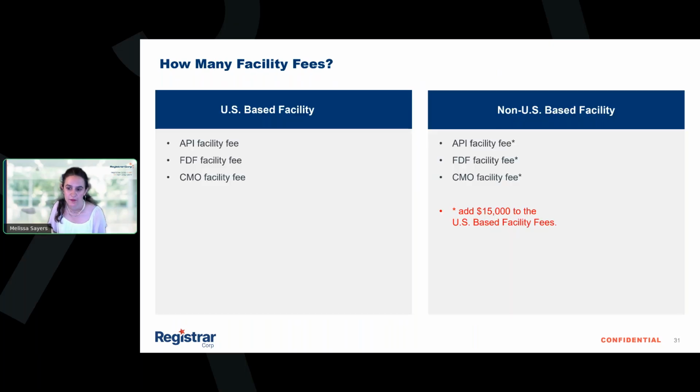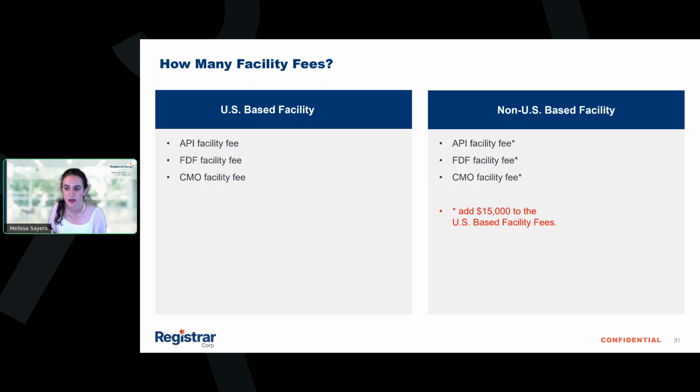Let's review how facility fees differ for US-based and non-US-based manufacturers under GDUFA. Facilities are categorized as either US-based or non-US-based, and this distinction directly impacts the annual fee amount. For each facility type, API, finished dosage form, or contract manufacturing organization, non-US facilities pay an additional $15,000 compared to their US counterparts.